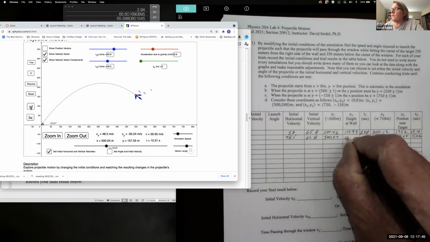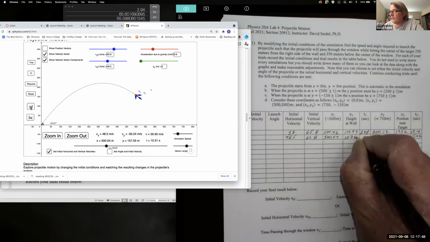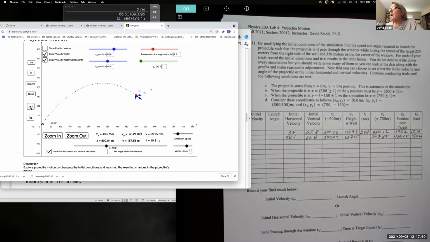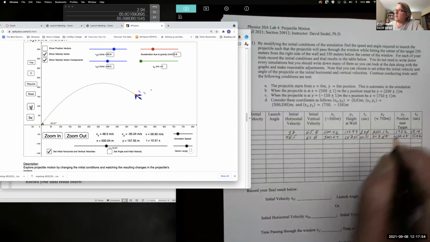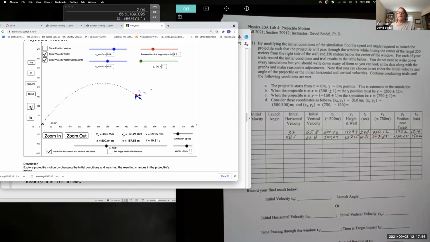I'm at 157.55. And this was at 10.31. So my next guess is going to be to increase my Y velocity some. So Y now comes to 200.